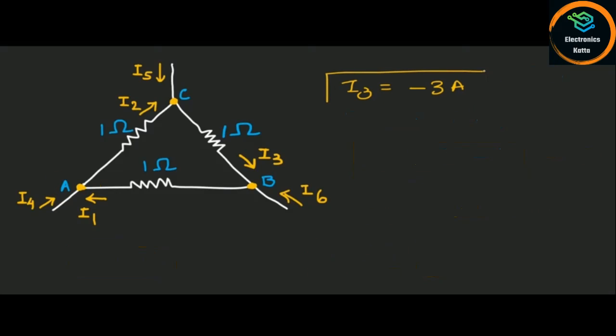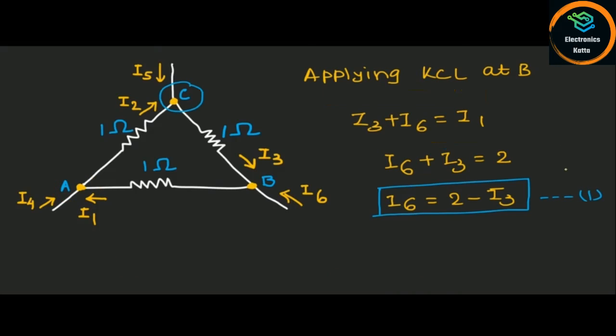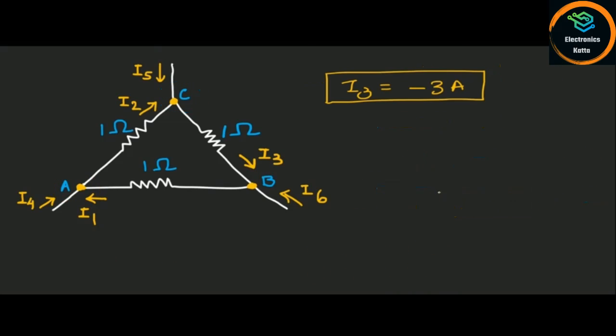Now we also have the current I3, so we can easily find the current I6. We saw in equation 1 that I6 is given as 2 minus I3. So I6 is equal to 2 minus I3, and substituting this value of I3, we will get I6 as 5 ampere.